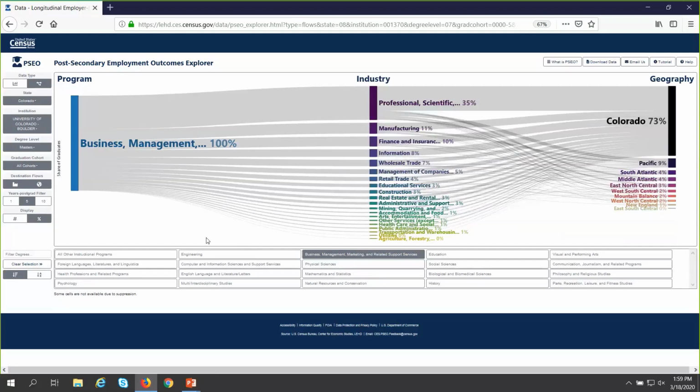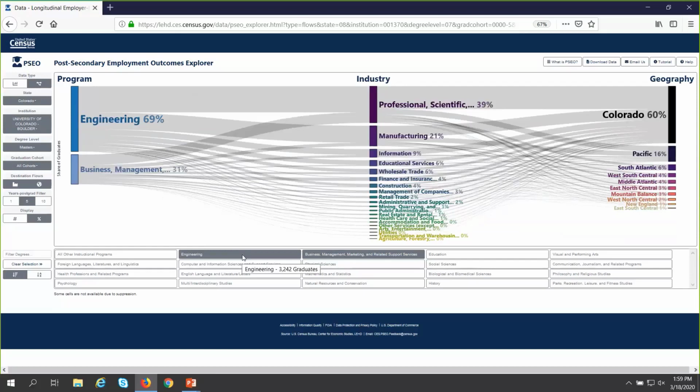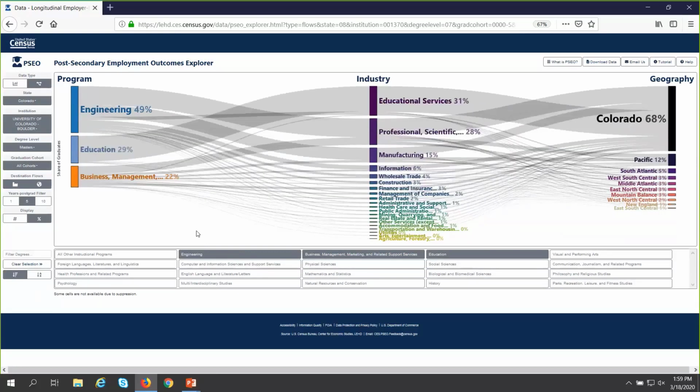And then you can also do something like, okay, I want to know not just MBAs, but, let's choose, so this is sorted by frequency of major right now. So you can choose the 3 largest master's degrees that Colorado has. And then you can say, of those 3 degrees, what share of those are staying in Colorado?